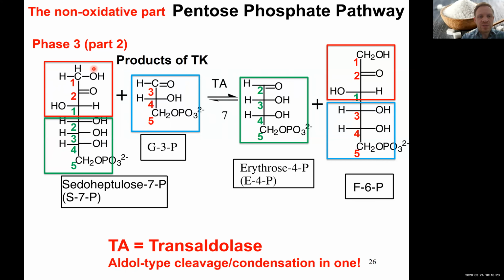There's 3 carbons here, but then 4 here, but the reaction mechanism essentially is the same. What we're doing now is taking the upper part of our sedoheptulose and catalyzing a condensation with our G3P. We're generating now our first 6-carbon sugar, fructose 6-phosphate.